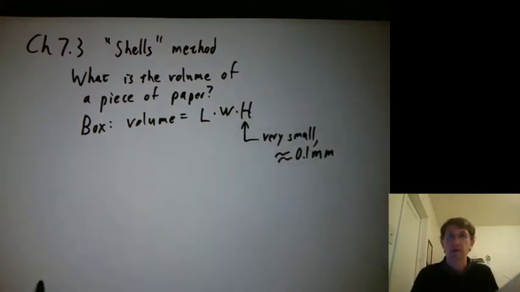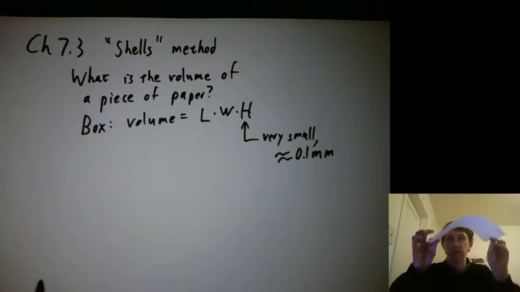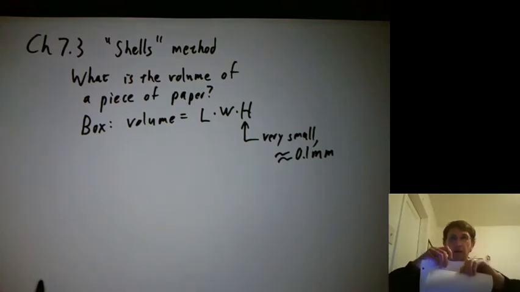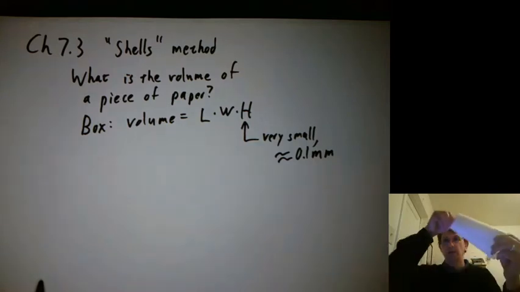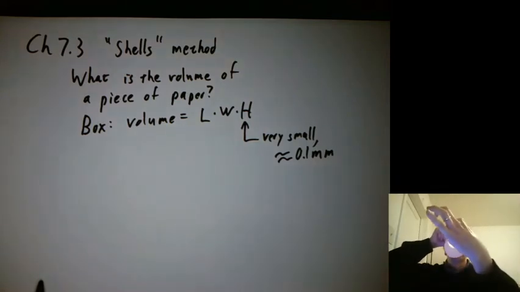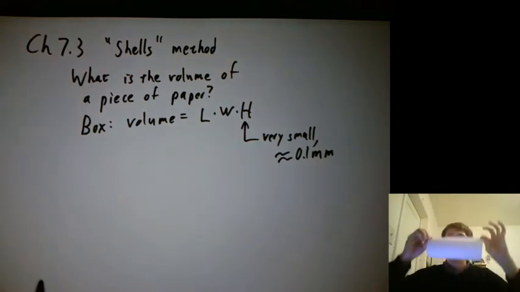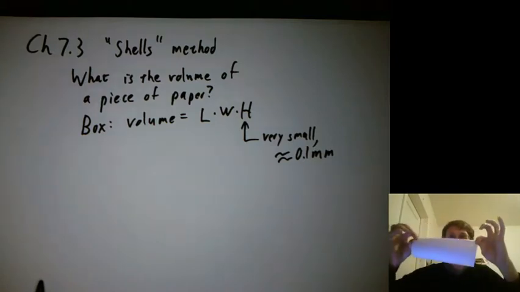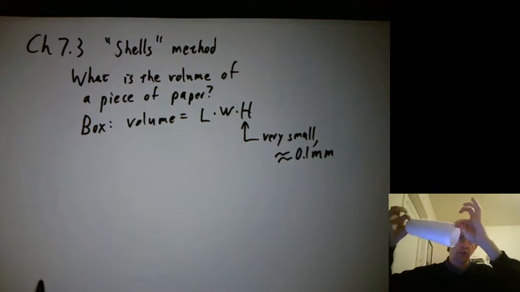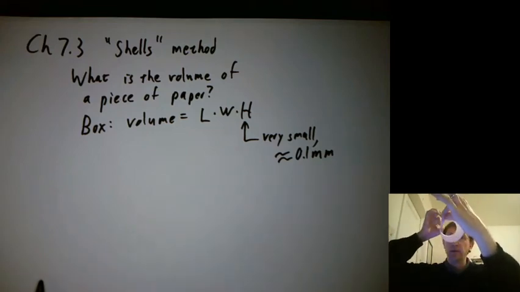So now here's my next question. What if I take the sheet of paper, which is currently a box, volume, length times width times height, and I curl it into a cylindrical tube? Now what is the volume of the paper? Not the inside of the cylinder, not where you would hide a soda can or something, but what's the volume of the paper itself?